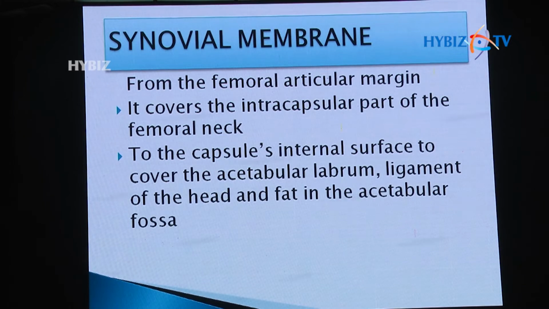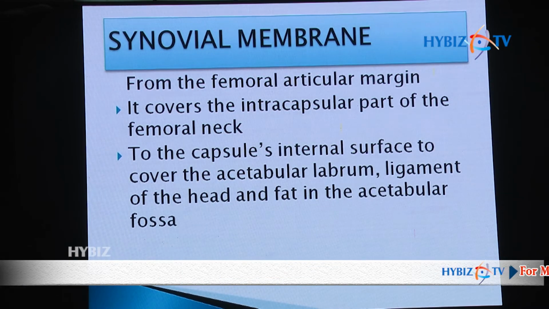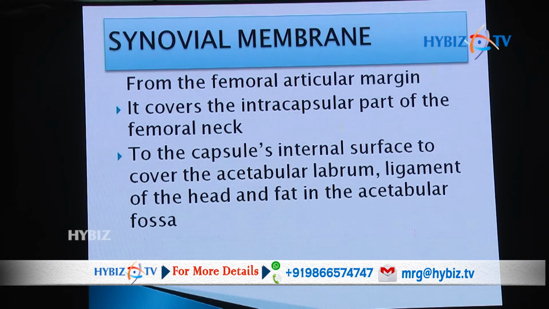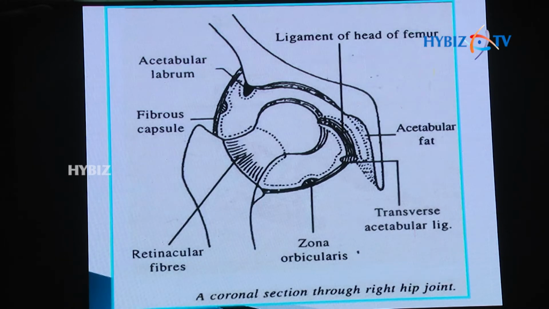The synovial membrane covers the intracapsular part of the femoral head, and the ligaments inside the capsule are also covered by it: the transverse acetabular ligament and the ligament of the head of the femur. This picture shows the synovial membrane covering the capsule, femoral head, transverse acetabular ligament, and ligament of the head of the femur.